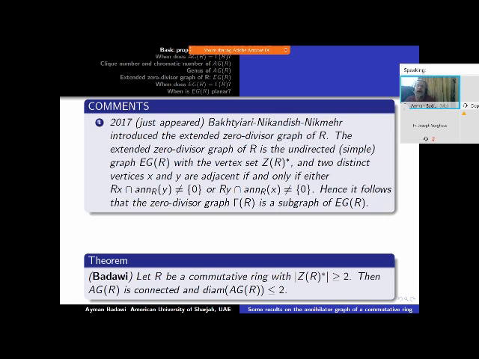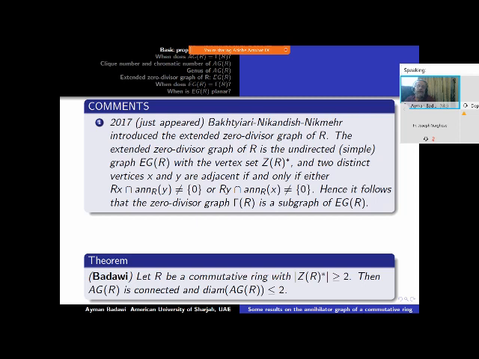But how do you connect the two vertices? Two vertices are connected by an edge if and only if the ideal generated by x intersected with the annihilator of y is not equal to 0, or the ideal generated by y intersected with the annihilator of x is not 0.